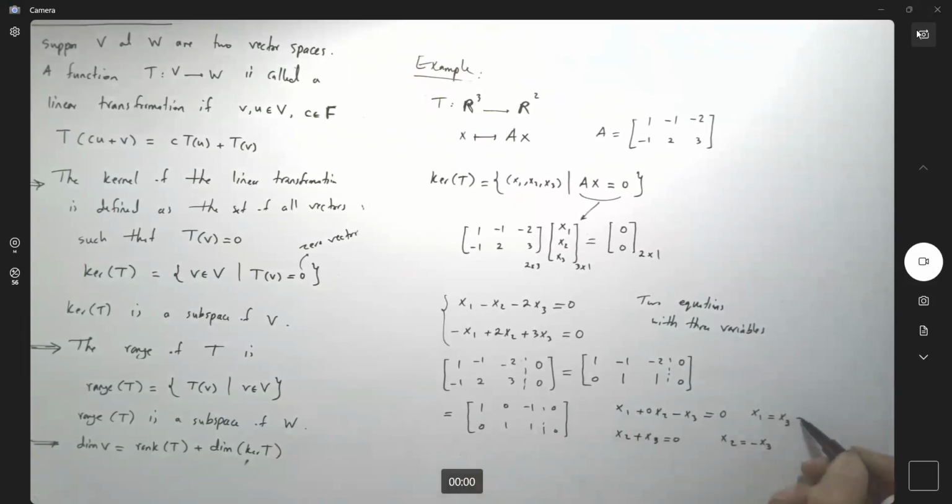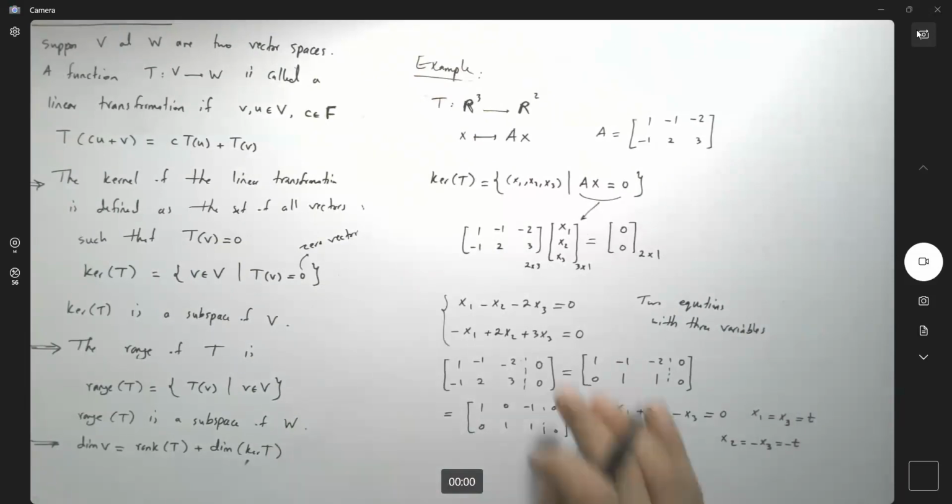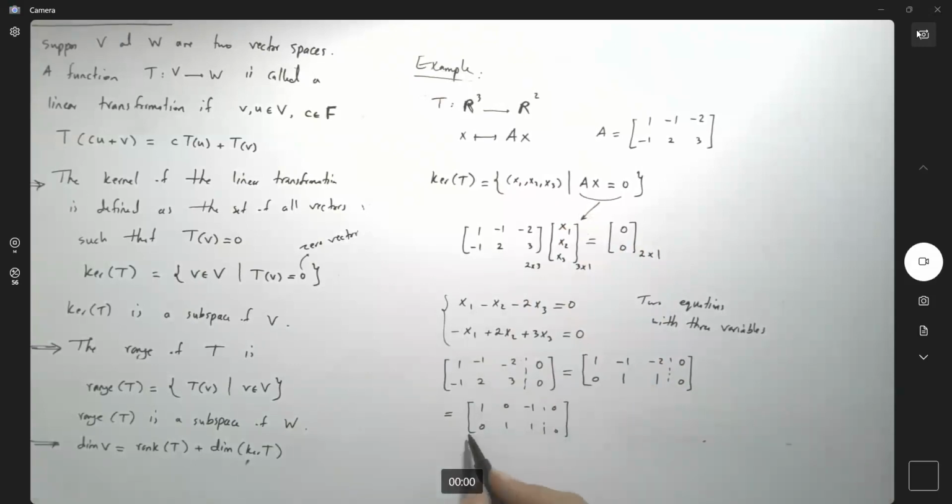So if I take x3 to be t, x1 is t, and x2 is negative t.